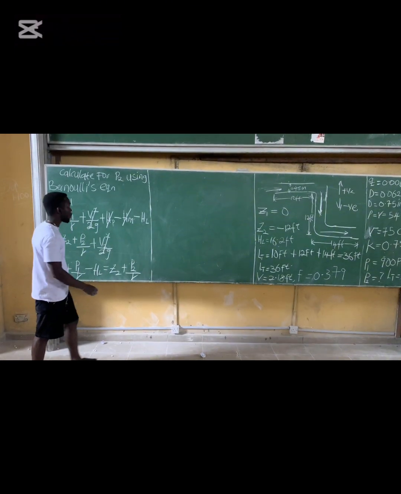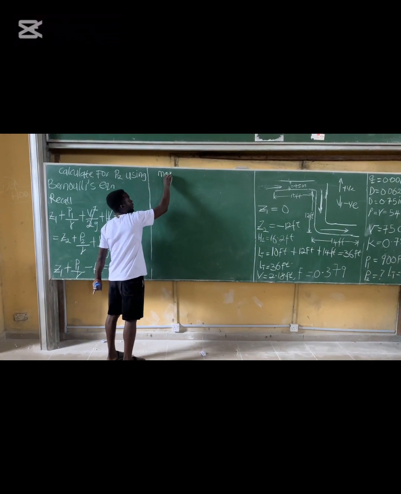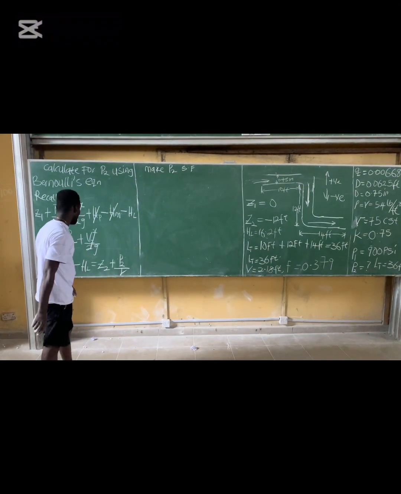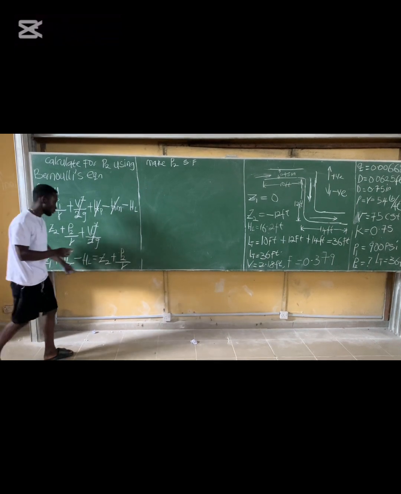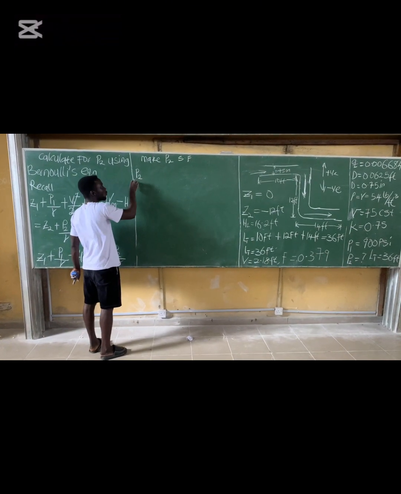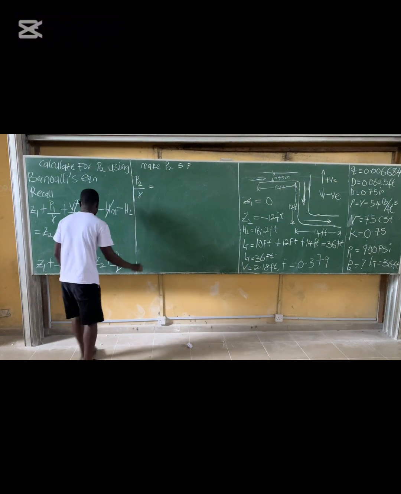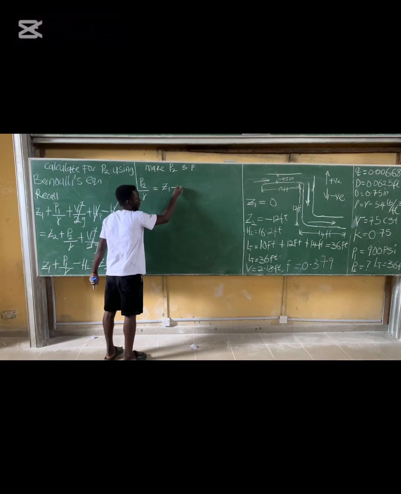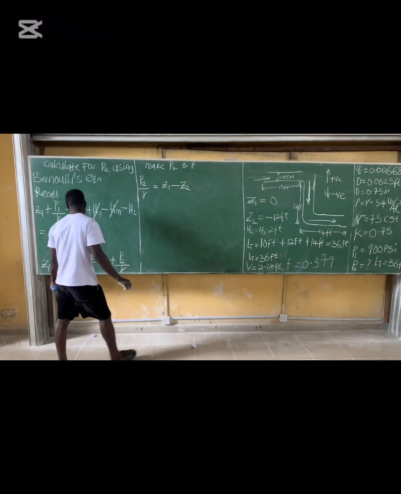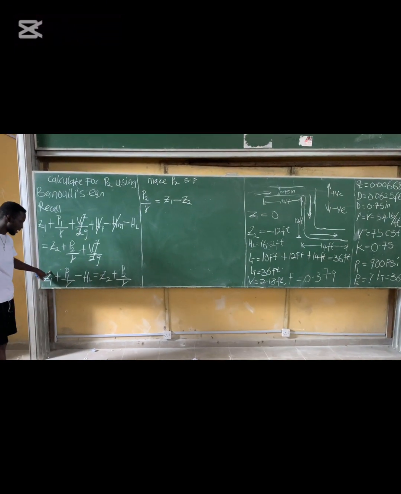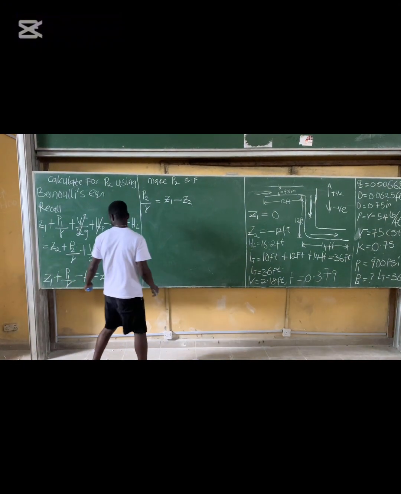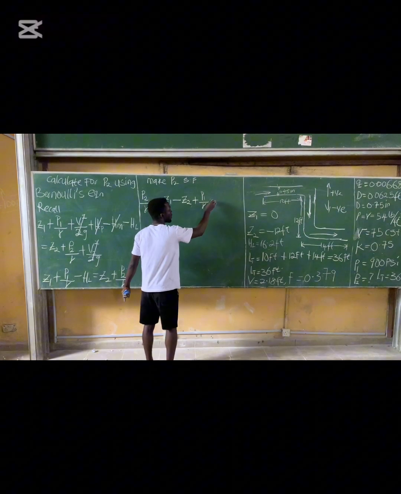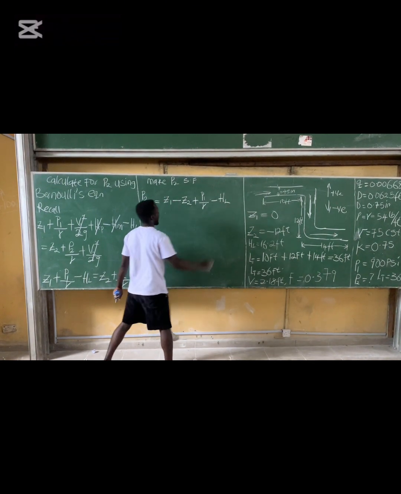To make P2 the subject of the formula, P2 divided by specific weight will be equal to Z2, this becomes negative, so to give us Z1 minus Z2, crosses to the other side and becomes negative, plus P1 over specific weight minus head loss.